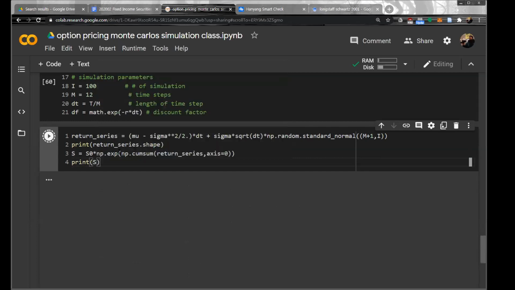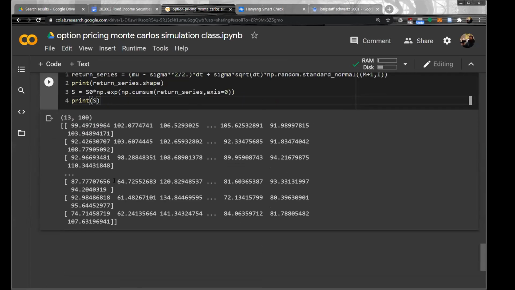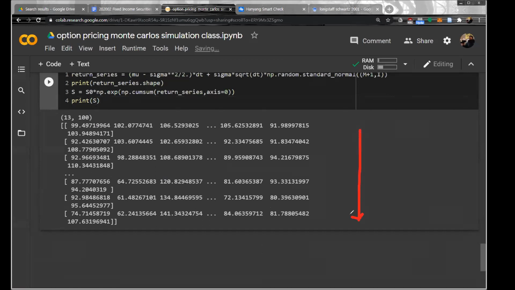Print the stock price. Well, yeah, it is a bit big, right? So here 13 steps, 13 rows. In the column direction, it is one stock simulation, so this way is one path of simulation.